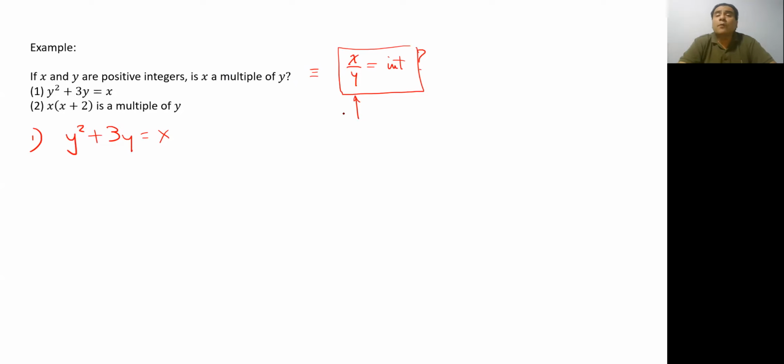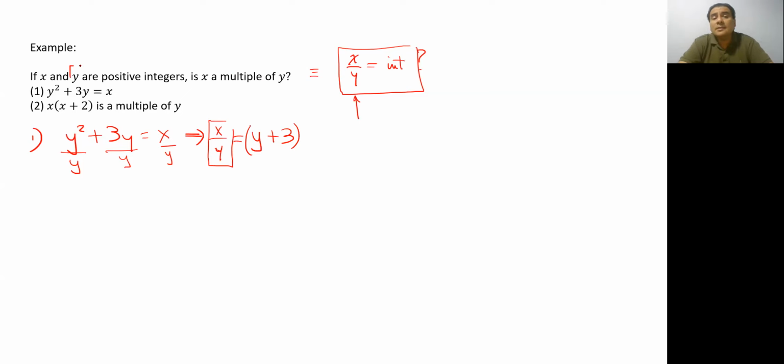What's our purpose after we reformulated the question? Well, we're trying to see what form this expression x over y has when we try to isolate the expression from the statements. For example, here, if I divide by y, I would get that x over y would be y plus 3. All right? So I can tell the division of x and y gives you this expression.